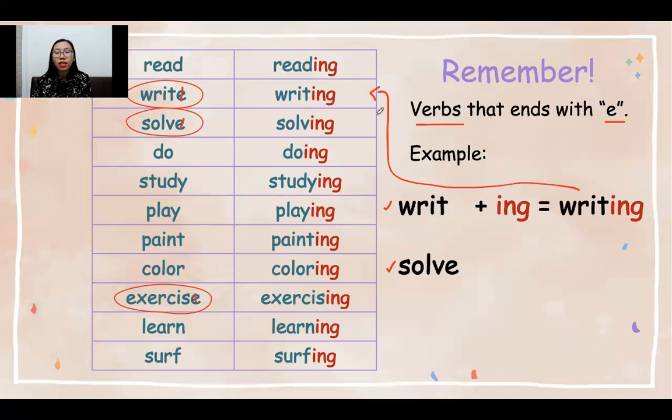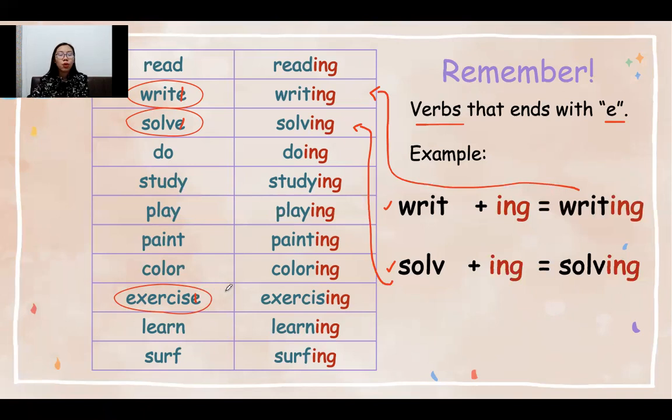The next one is solve. Again, you just need to remove letter E, add ing, and that's how we got solving. Same with exercise and a lot more. So there are only two types of verbs here: verb plus ing, and verbs ending in E.